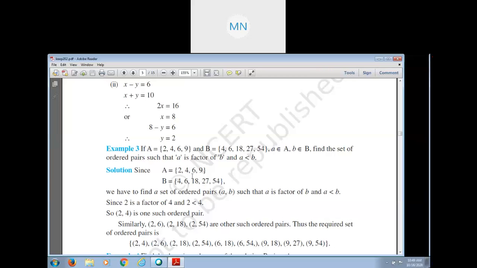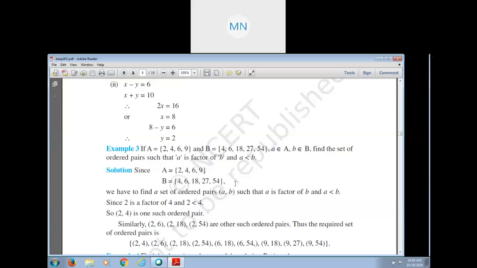Again, what ordered pair will become? (4, 18). Is it true? See the condition: A is a factor of B. If we write (4, 18), then the condition is that 4 is a factor of 18.